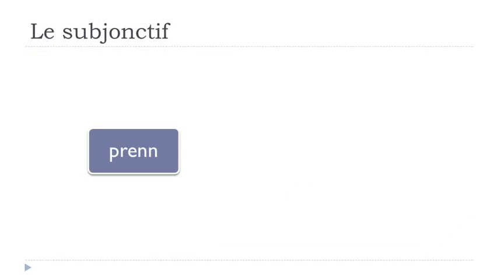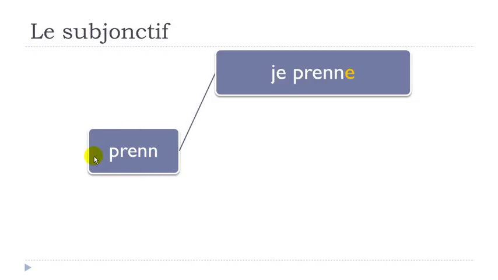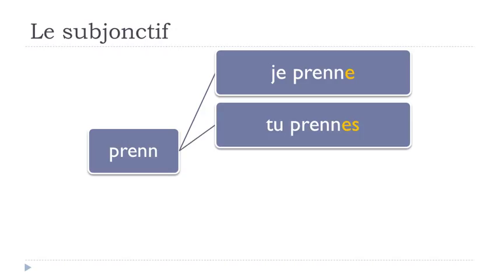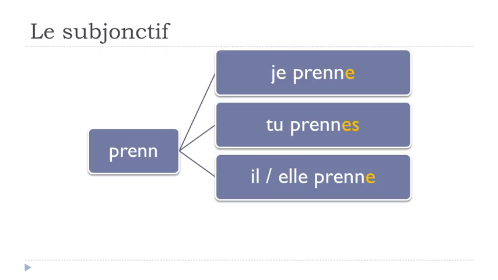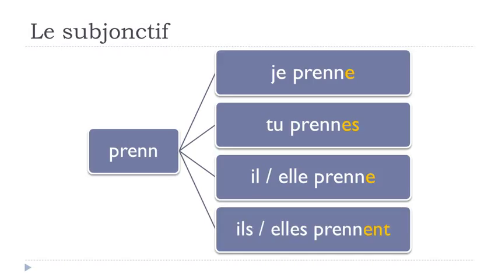And so what we'll do is we'll take these first parts, the part that we took away from this ils form, all right, and then we'll put je. Je, so we take it back, have a look, it goes here, and we put the ending. The ending for je will be e, okay? The ending for tu will be es. The ending for il, elle will be e and the ending for ils, elles at the plural form will be ent, okay?